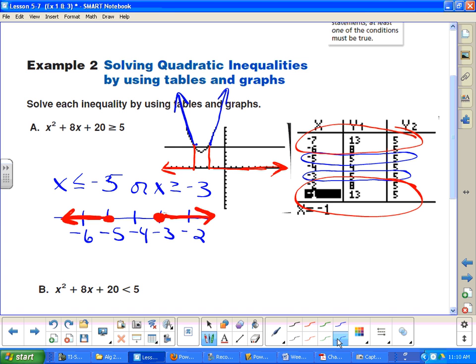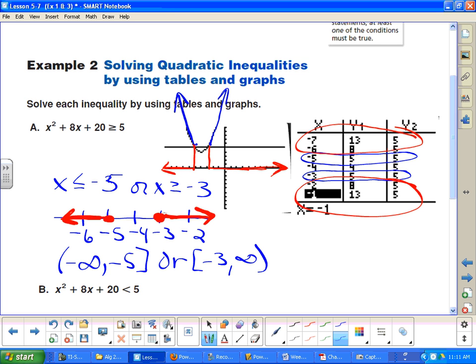And then interval notation: from negative infinity to negative 5, and that's a bracket at negative 5 because it includes it, or bracket negative 3 to positive infinity, parenthesis. So there we can also use tables and graphs to compare them.